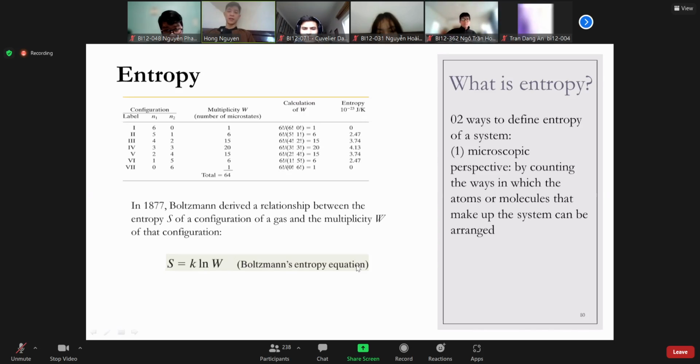I hope you understand right now what entropy is, and the way we use entropy to explain irreversible processes.